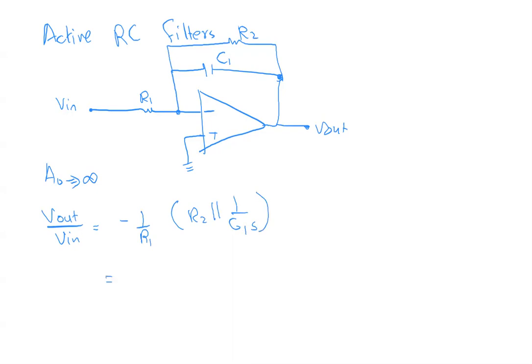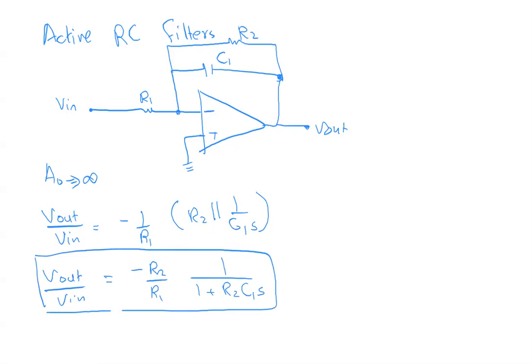And this will equal minus R2 over R1 times 1 over 1 plus R2 C1 times s. Now this is the transfer function of this circuit. Let's look at it more carefully.